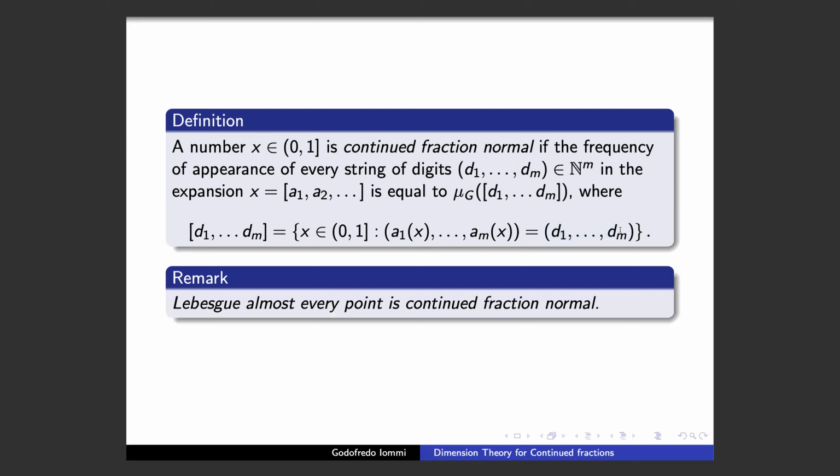And again, by Birkhoff, we have that Lebesgue almost every number is continued fraction normal. Again, determining whether a specific number is normal or not in this continued fraction setting is not a simple question.